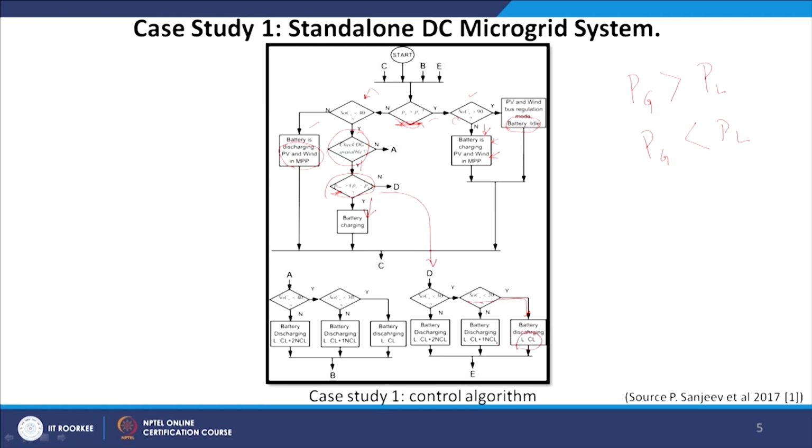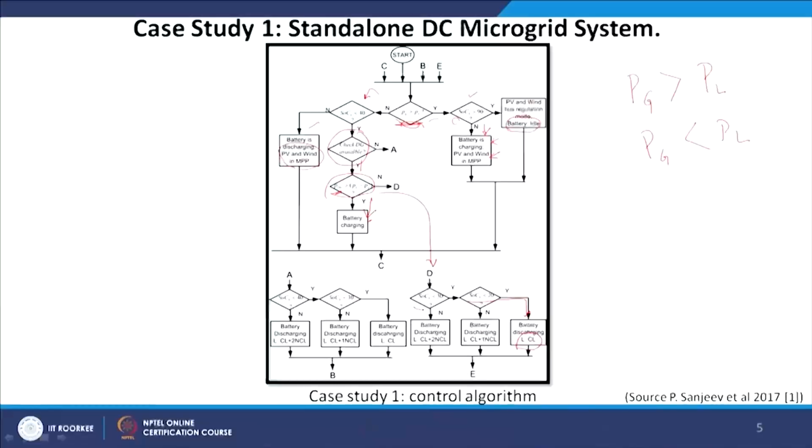I repeat, if my diesel generator has excess energy which is more than the difference between the load and the generation, then I can charge my battery. If it is not greater, then I have to take some energy, because the diesel generator is not able to meet my load-generation difference.